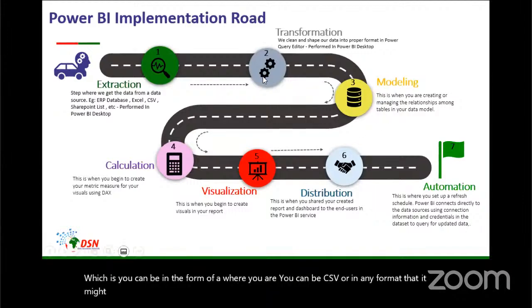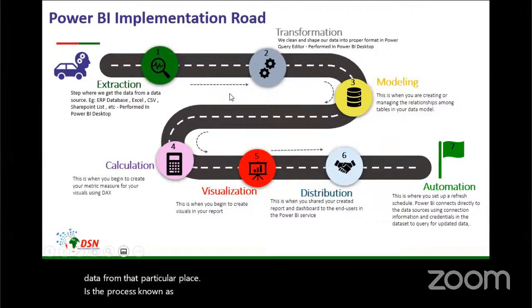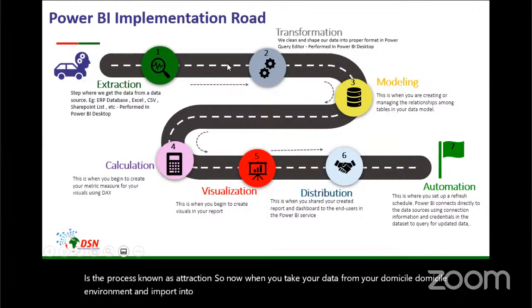It might be on the cloud, maybe on a website or a SQL database and the like. Taking data from that particular place is the process known as extraction. So when you take your data from your domicile environment and import it into Power BI, you have completed extraction.